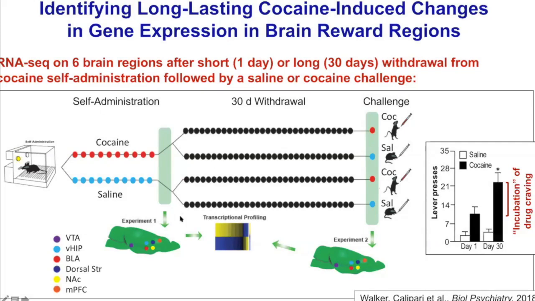It's inferred as craving, relapse. Where if you wait 30 days and repeat that experiment, the animal does so to a much greater extent. And that difference is considered incubation. So we're interested in what happens during this withdrawal period that increases an animal's interest in drugs of abuse.